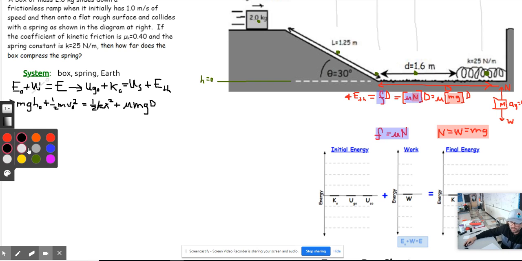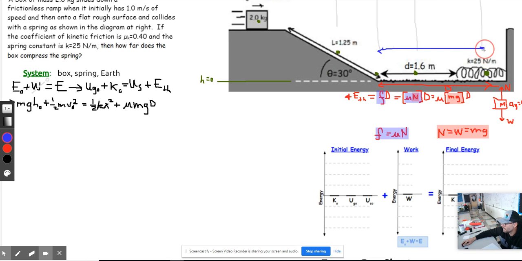But now we have another little hiccup here we got to talk about. What's this distance d? This distance d from here to here is d. I'm going to go ahead and clean this up. And so our distance d that it scrapes all the way until that spring stops it is going to be this distance before it hits the spring plus our spring compression. It's going to even scrape during that spring compression too.